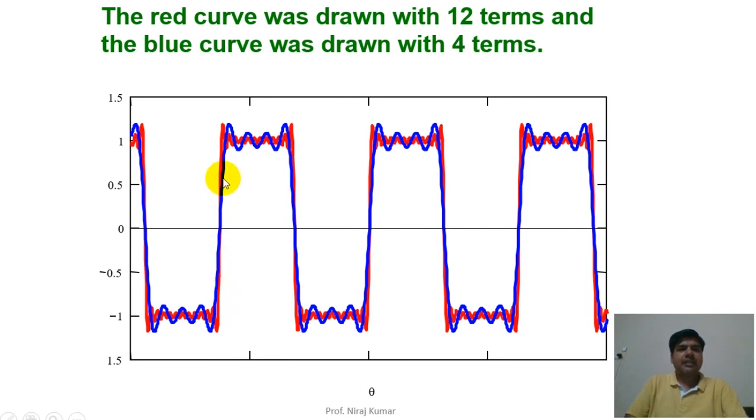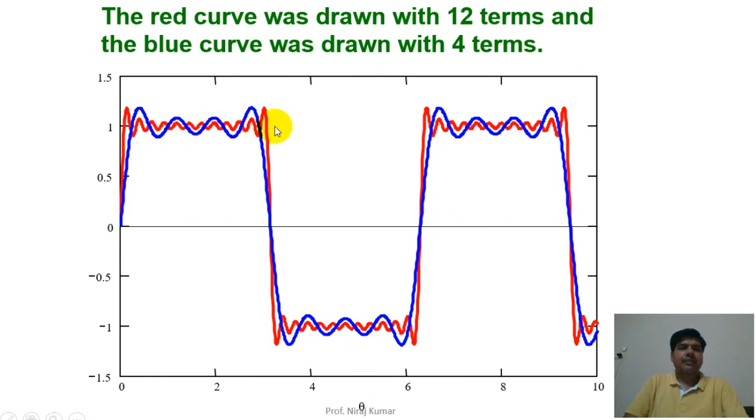The blue color is with the 4 terms, which is inclined or away from the y-axis, and when the number of terms increases, it approaches parallel to the y-axis. This is the close-up of this comparison of 12 terms and 4 terms, and we can see the difference. This is with the 12 terms, which is aligning towards the y-axis, and the 4 terms is a little bit away from the y-axis.